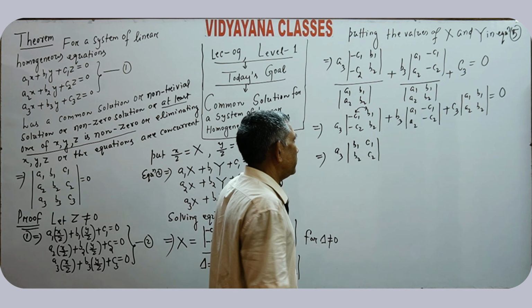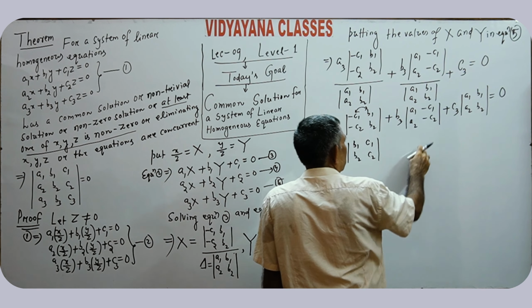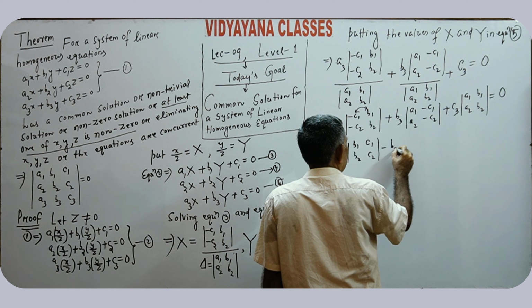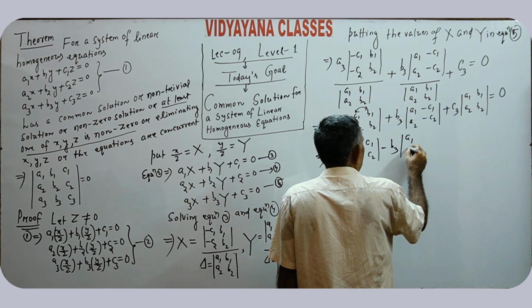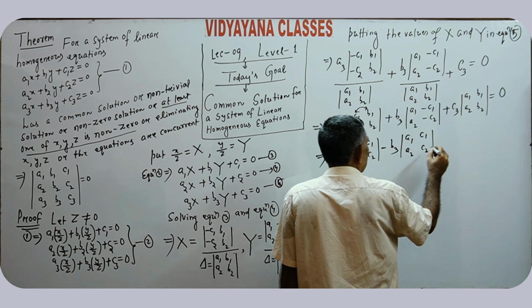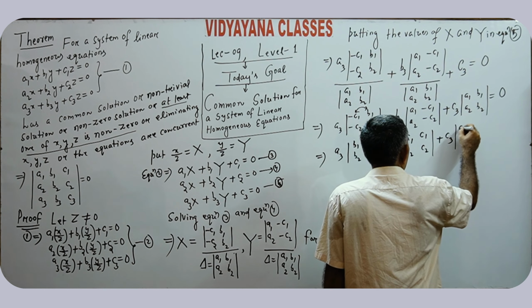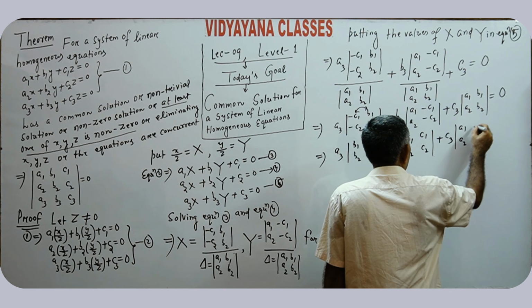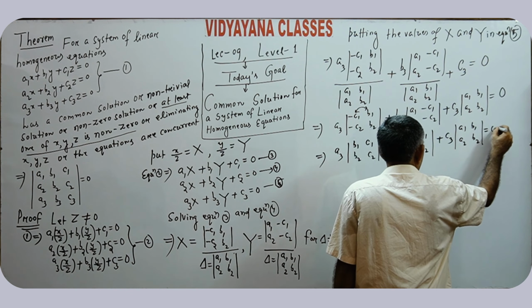C1, C2. Taking minus from column 2, it gives B3, A1, A2, C1, C2, plus C3, A1, A2, B1, B2 is equal to 0.